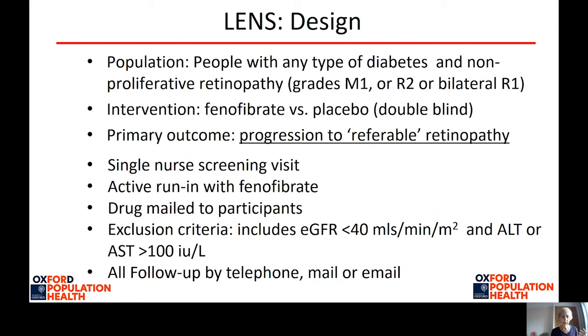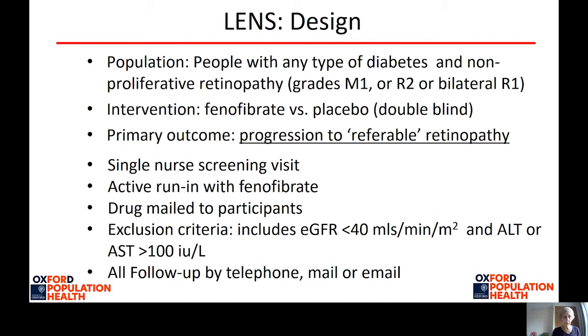So there's a single screening visit conducted by a nurse, and the patients go into an active run-in with Fenofibrate. Fenofibrate is generally very well tolerated. It's been around for many years, but it does have an impact to raise creatinine levels, which is probably a reversible effect, but has an impact on the estimated GFR.